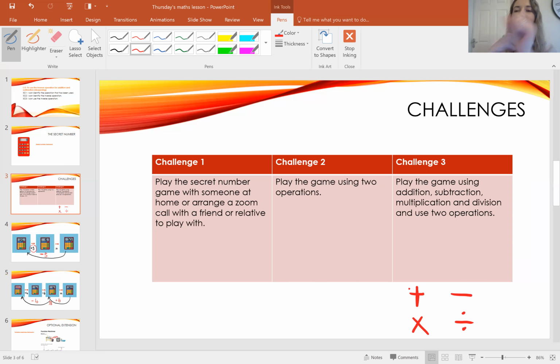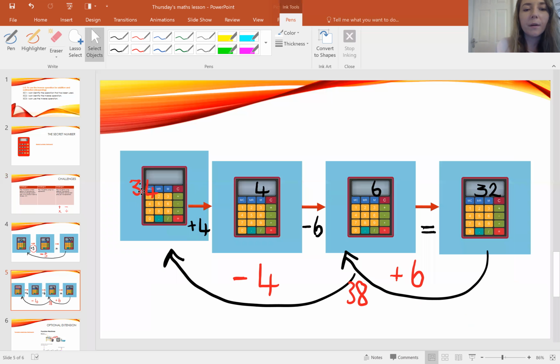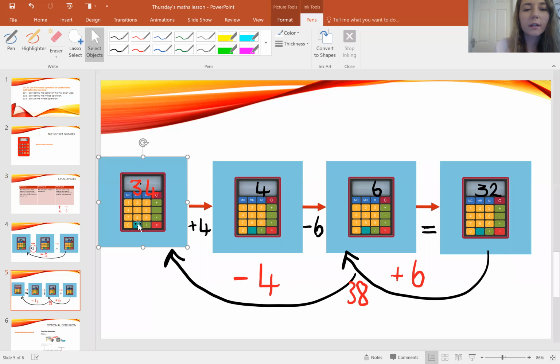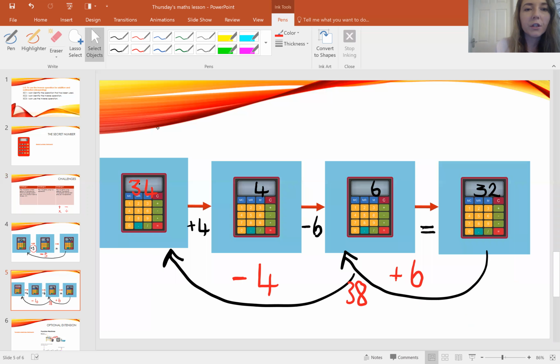So addition and subtraction are opposites, and that's how we can reverse the calculations, but also so are multiplication and division. So if we play this game again, this time I'm going to use different calculations. So I could use multiplication and division as well.